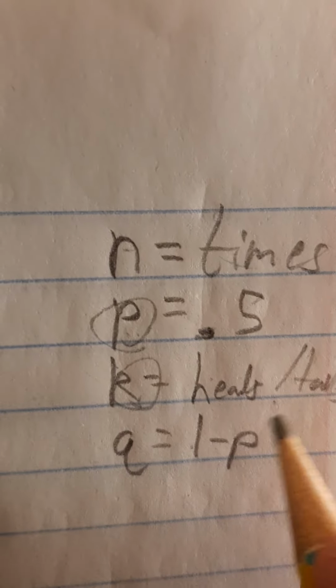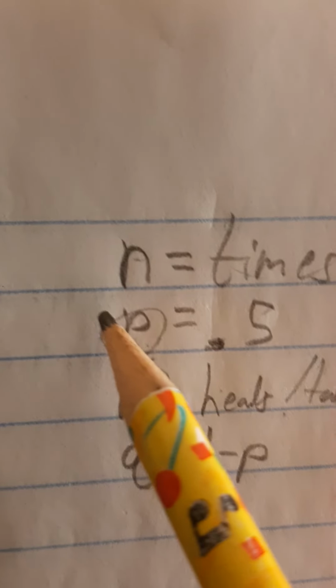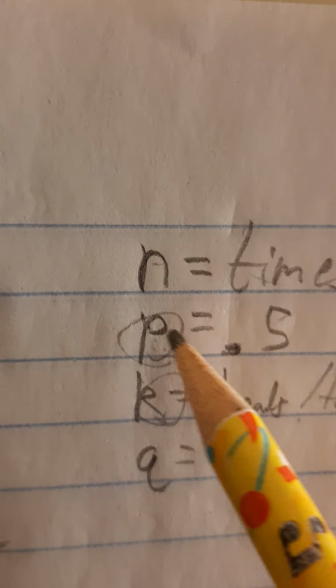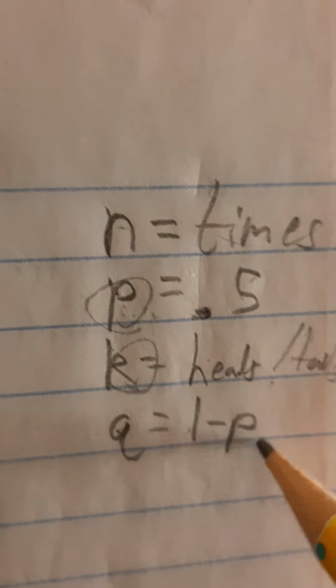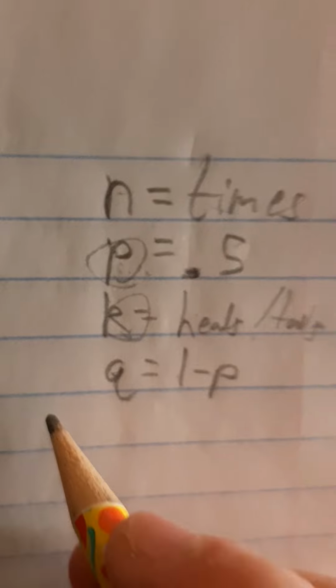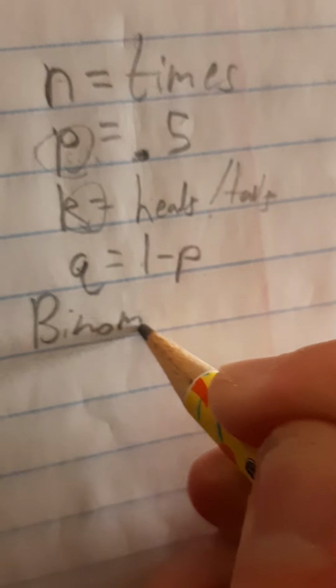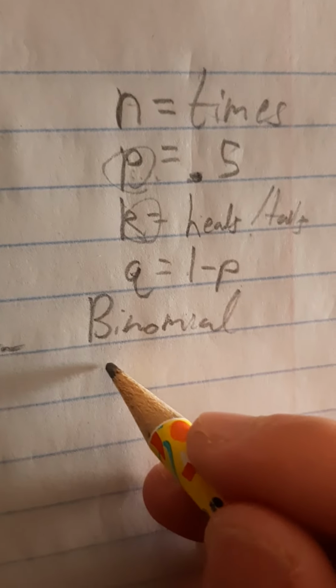In this case, it's going to be 1 minus 0.5, which is 0.5. Which makes sense. The probability of getting heads is 50%, and the probability of getting tails is also 50%. And that makes sense.